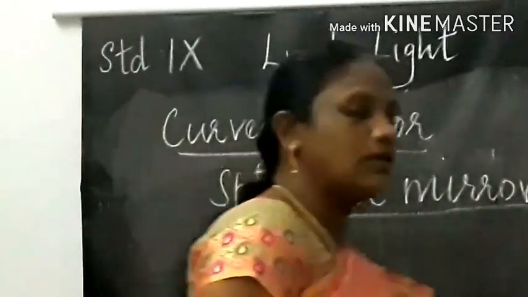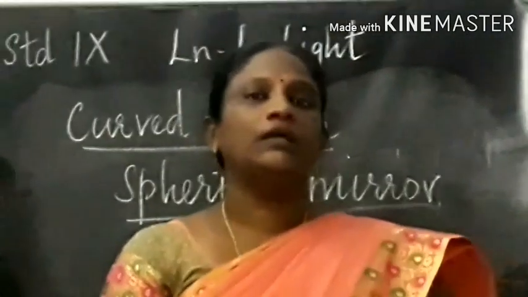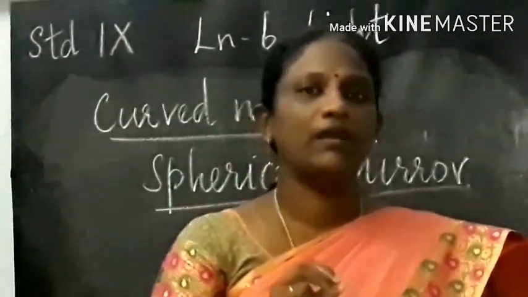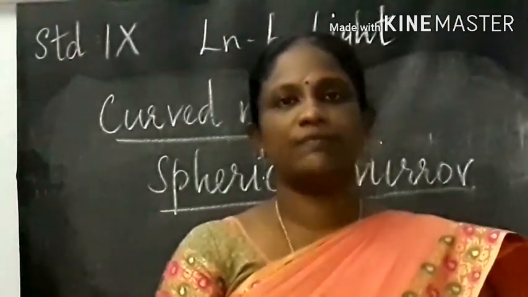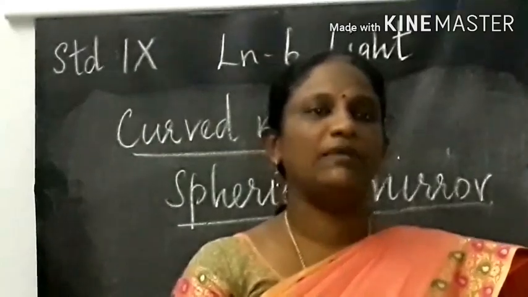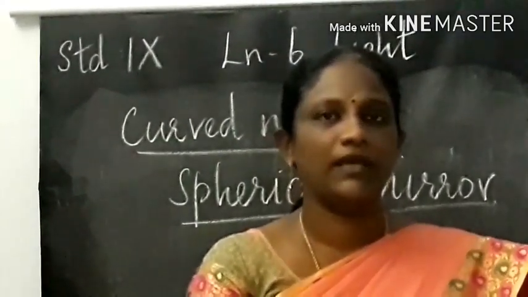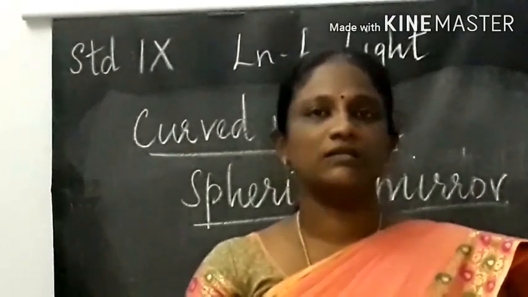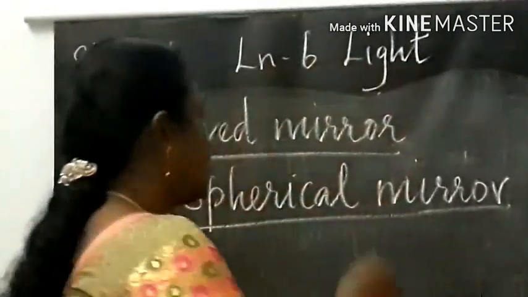So what is a spherical mirror? In a spherical mirror, the reflecting surface will be a part of a sphere. So such a type of mirror is called a spherical mirror.